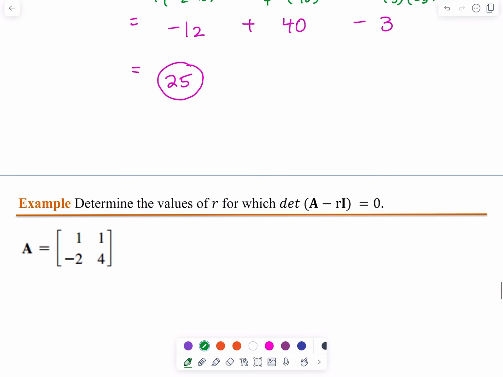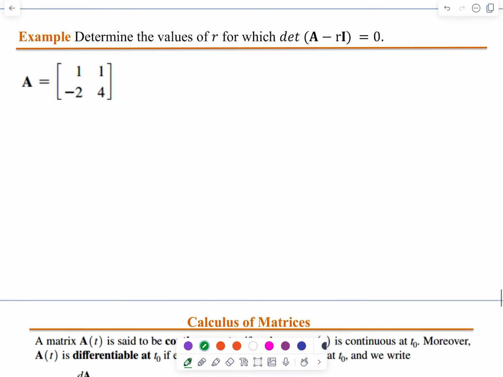Let's try this example. Determine the values of r for which the determinant of A minus rI is equal to 0. So let's go ahead and first find the determinant of A minus rI, and that's going to be 1 minus r, 1, negative 2, and 4 minus r.